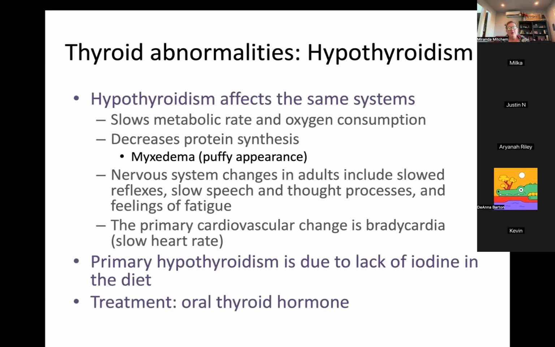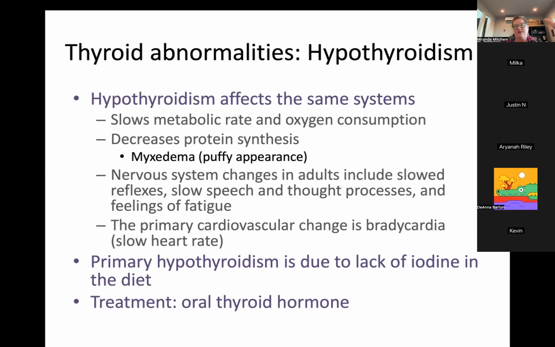Okay, now hypothyroid. So in hyper, your metabolism's going too well. A person tends to get thin. They feel cold. Their heart rate is fast. The opposite is true in hypothyroidism. Here, everything is slowed down. So the nervous system is depressed. People gain weight. They feel hot and overall have decreased protein synthesis.